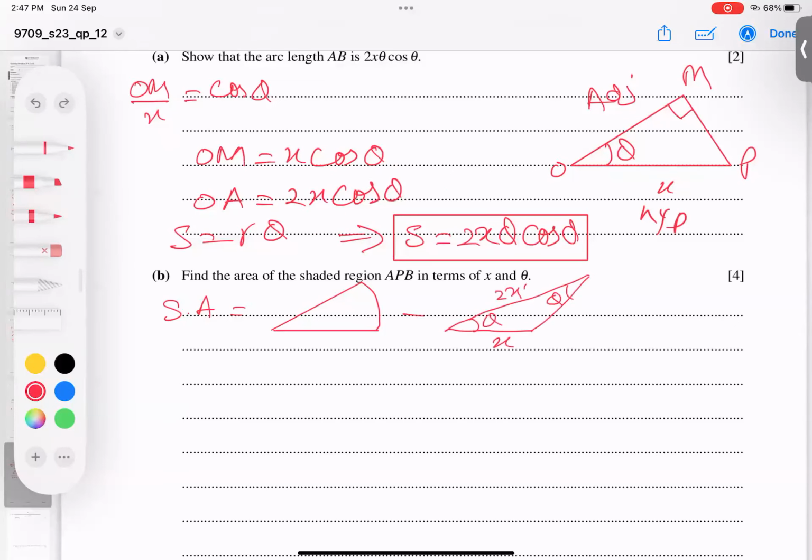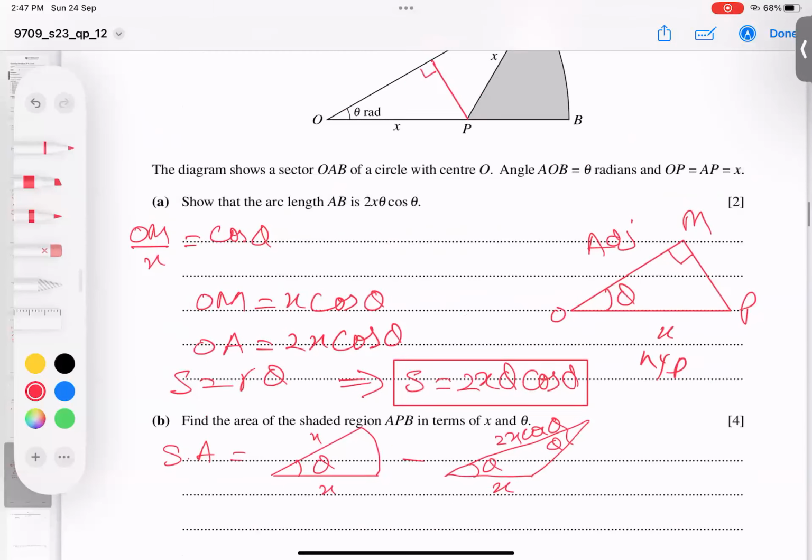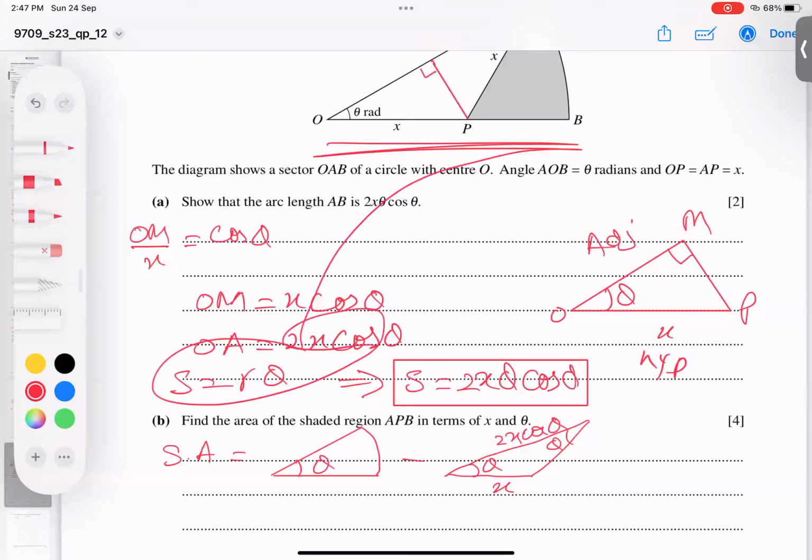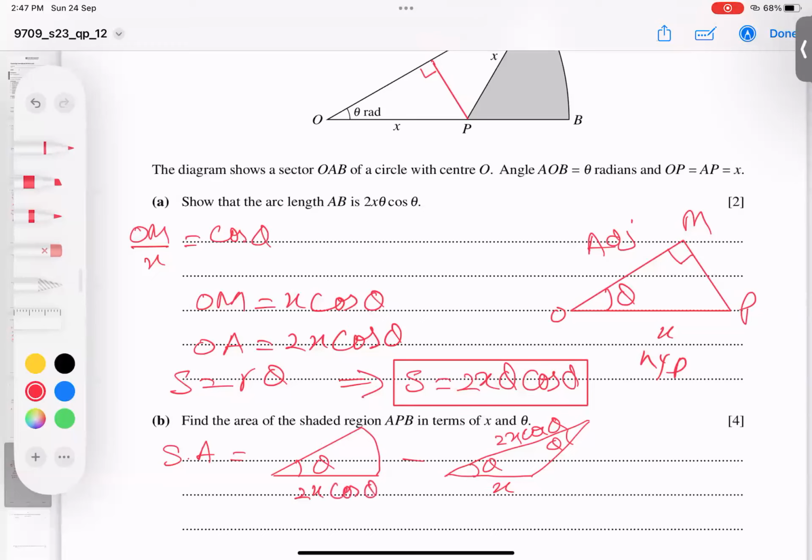Sorry, this is not x, sorry for that. This is the radius, and the radius we have here. So I'm writing here 2x cos theta. So the radius is very clear, and this x I picked from here.